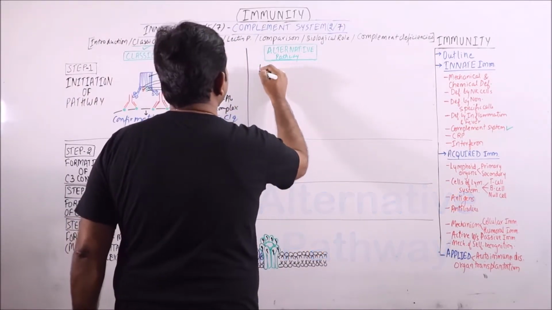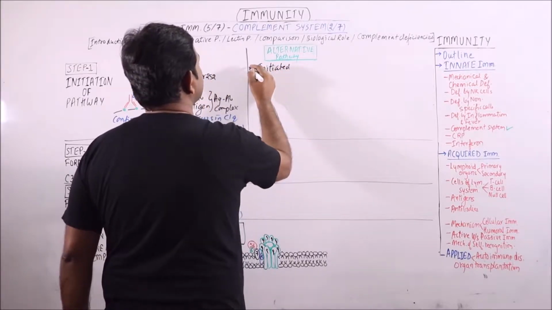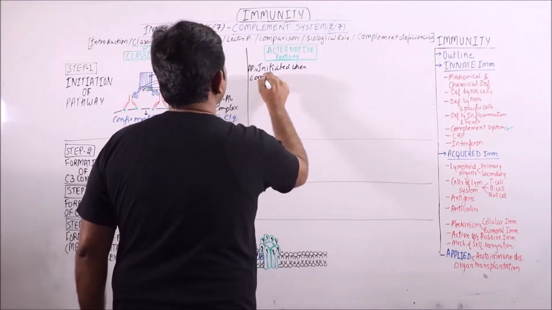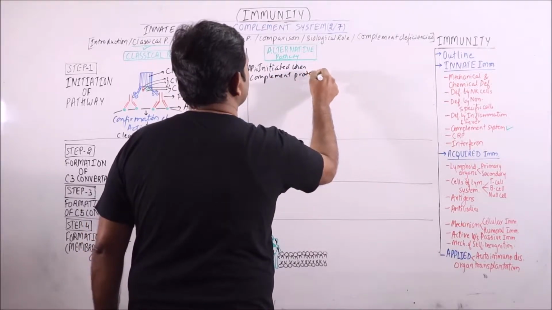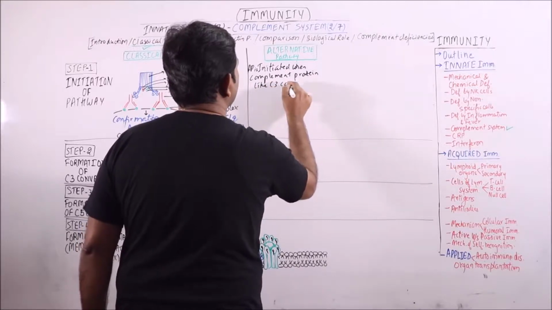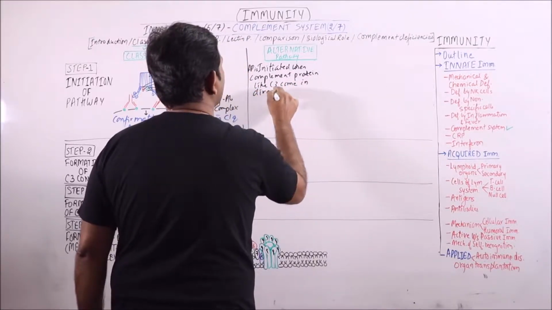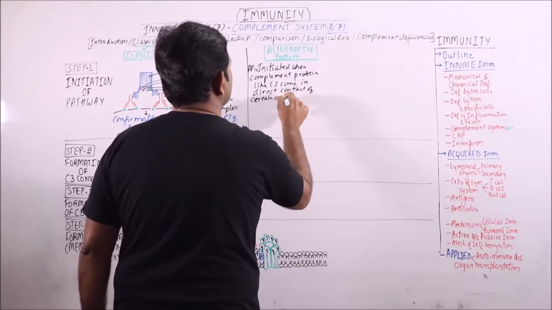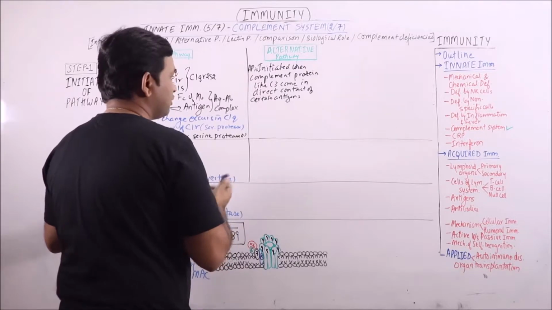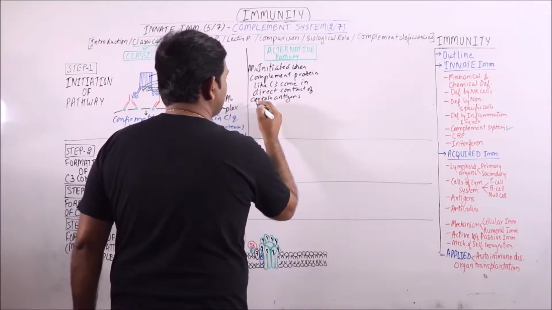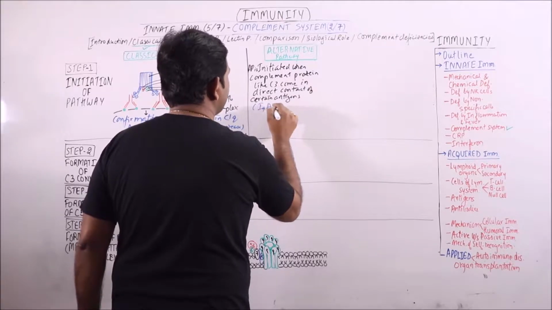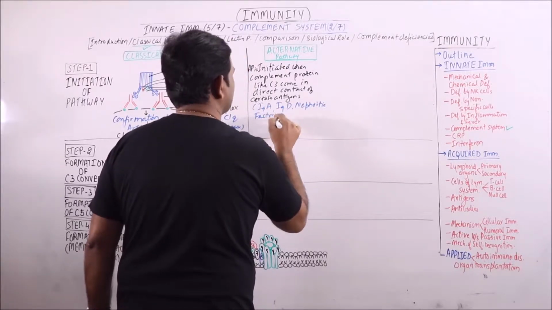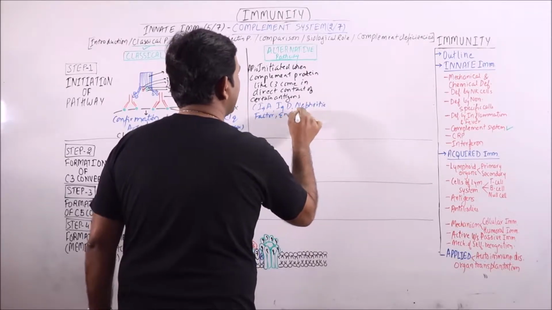This alternative pathway is initiated when some complement proteins like C3 come in direct contact with certain antigens which may be present on the surface of microbes, etc. These antigens may be like IgA, IgD, nephritic factors, or most importantly endotoxins.